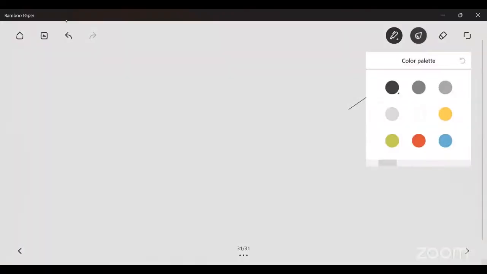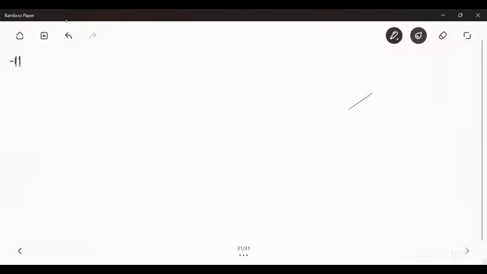Now the first topic is your one function. What are the one function?